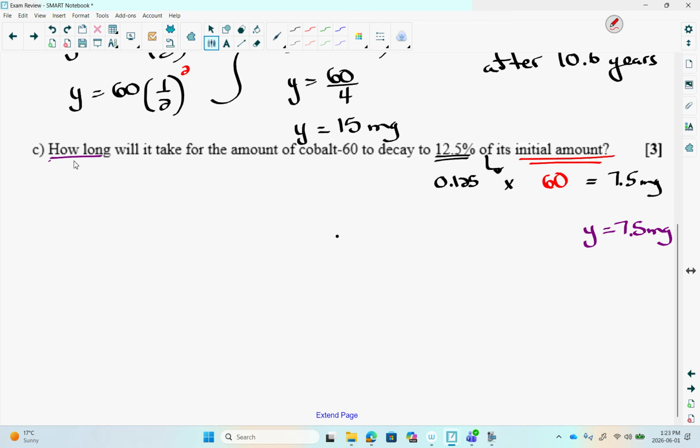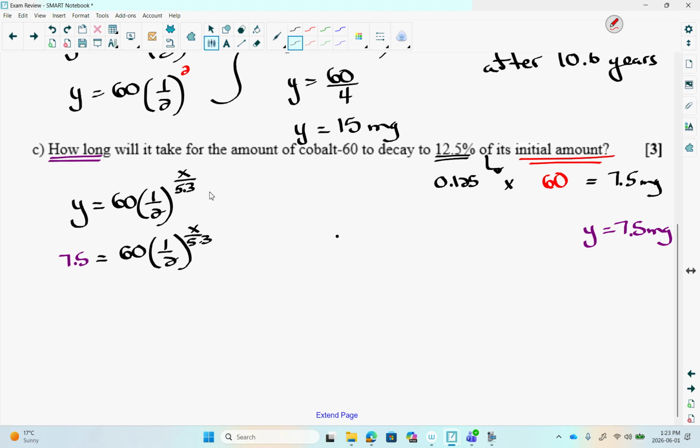Okay, it's saying how long? Solve for x. So go to your equation. Remember the 60 milligrams, the initial amount, the base of 1/2, it has a half-life, and it's every 5.3 years. Those don't change. This time I put the 7.5 in here. What do I do to get rid of the 60? I divide both sides by 60.